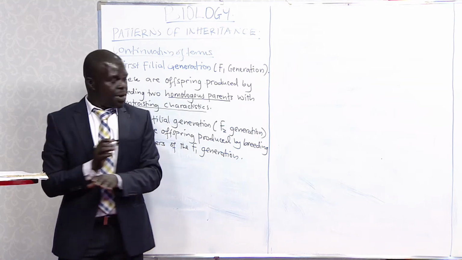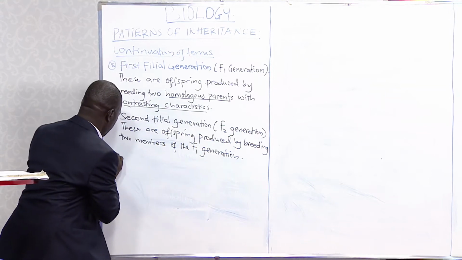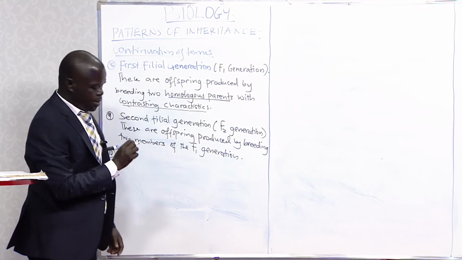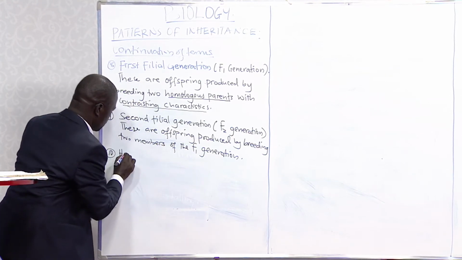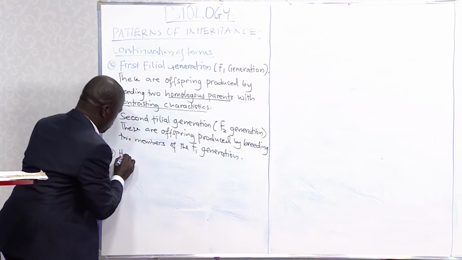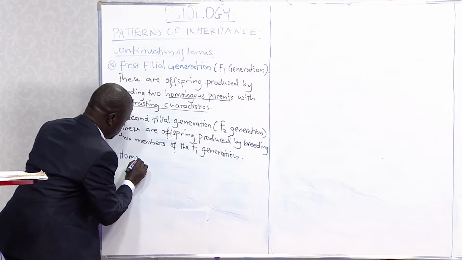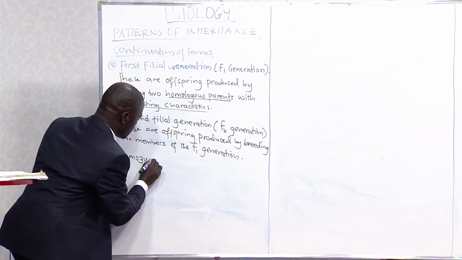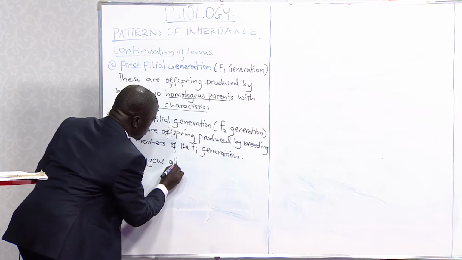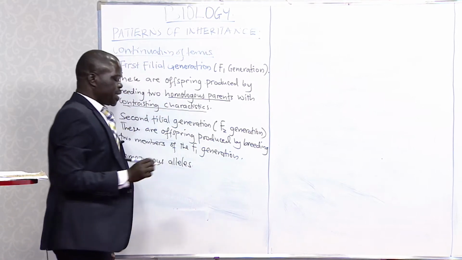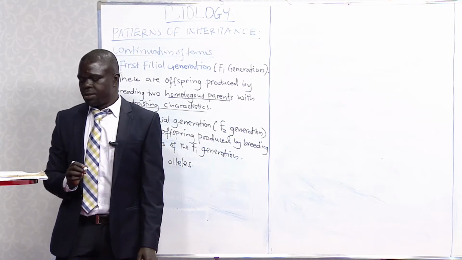Let us look at number 10. Number 10 is homozygous alleles. What are homozygous alleles?